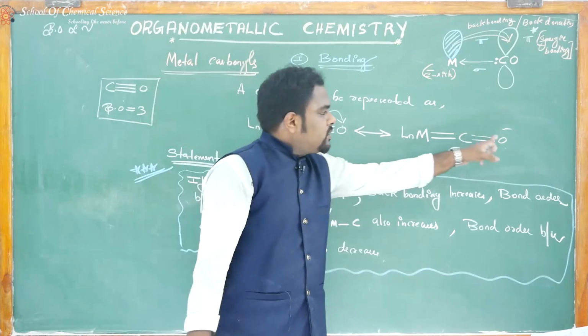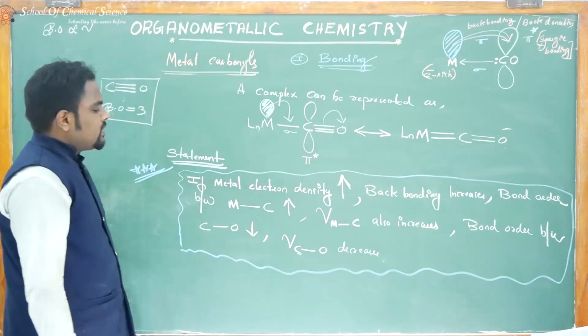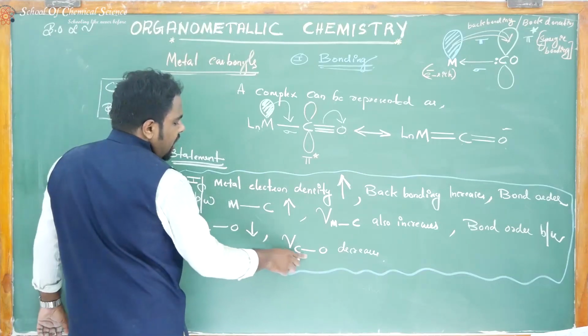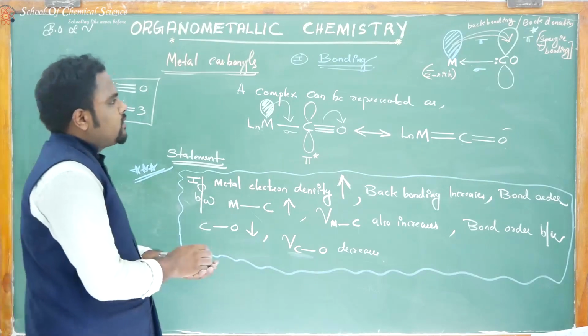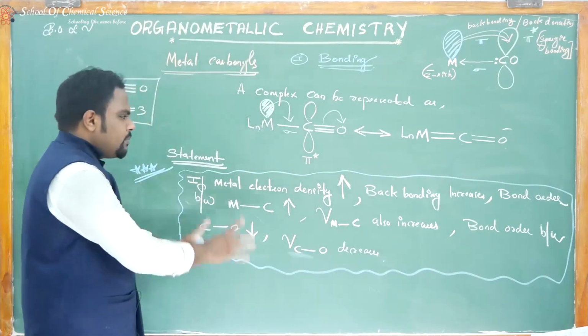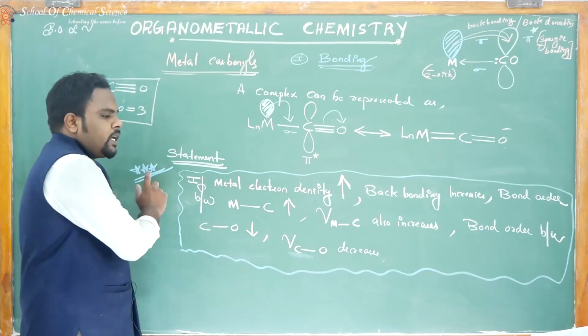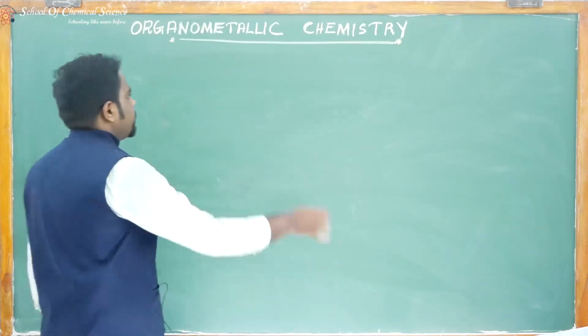And as a result of back bonding, the carbon oxygen bond order decreases and the stretching frequency of the carbon oxygen bond decreases. Write this statement in a box and give a triple star mark. Then write a question.